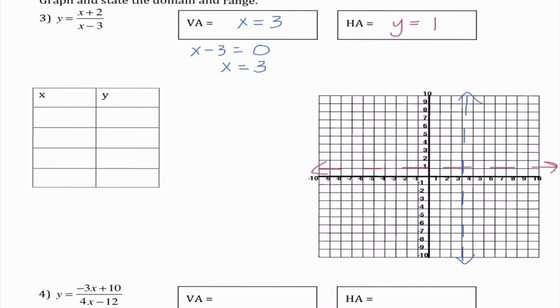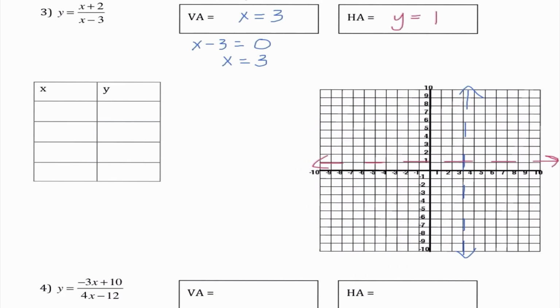Some ordered pairs I'm going to want to use are 2 to the right and 2 to the left. So let's try 1, 2, 4, and 5. Putting this in, I'm going to say y equals (1 plus 2) over (1 minus 3). So I get 3 over negative 2.